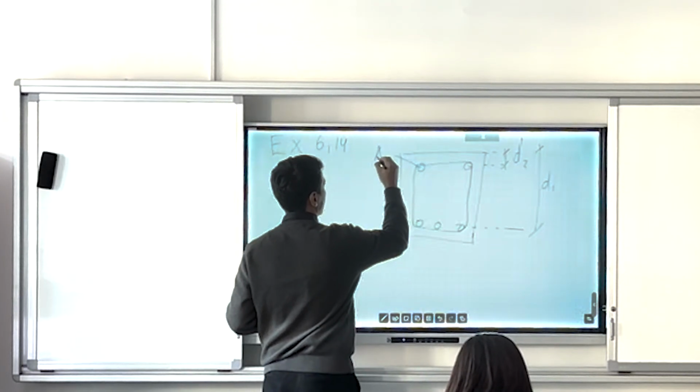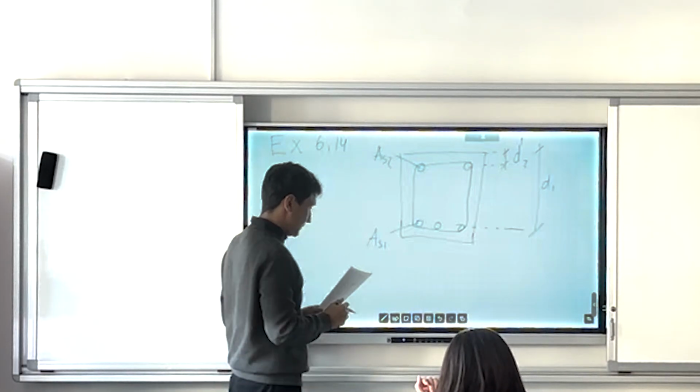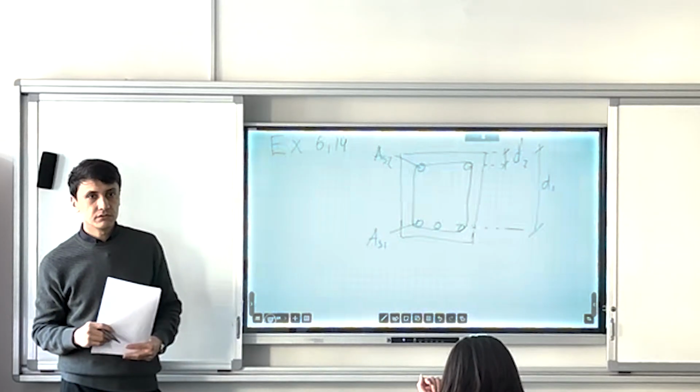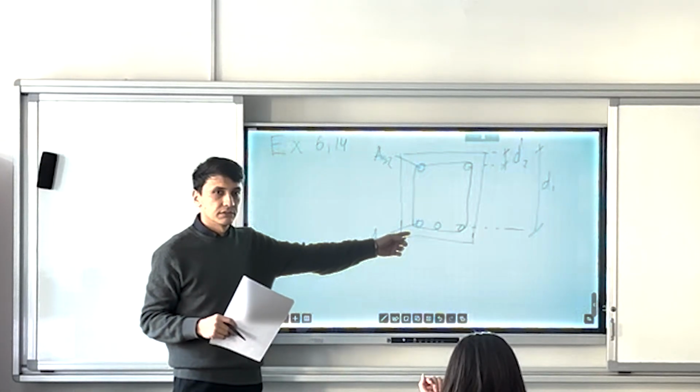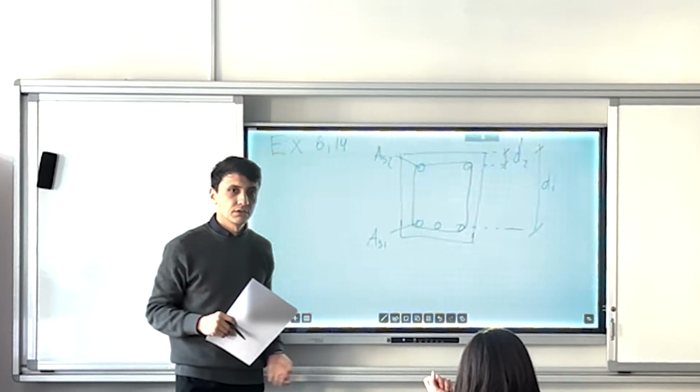This is AS2, and this one is AS1. If we have positive bending moment, bottom rebars will yield. If we have negative bending moment, top rebars will yield. So it's clear, right?